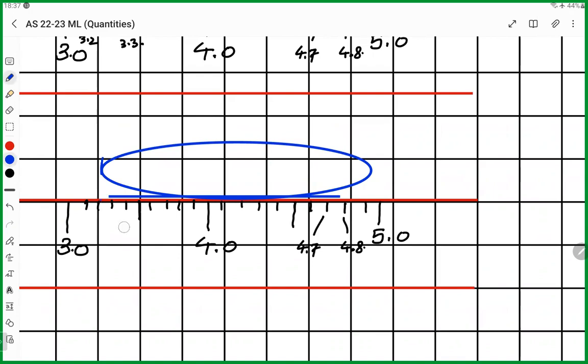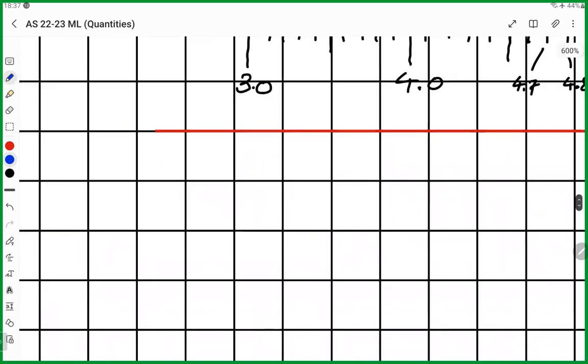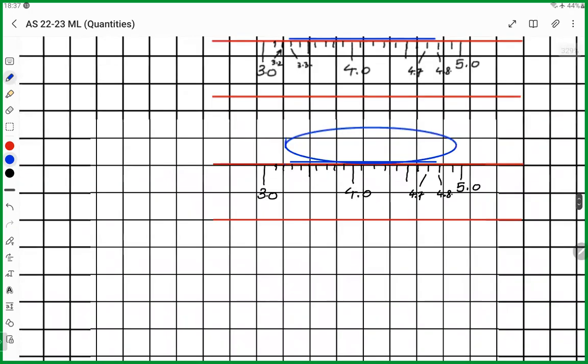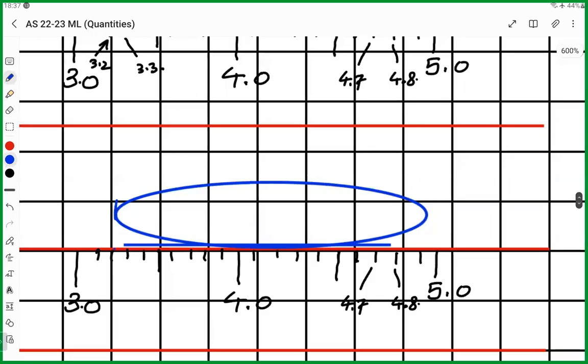Now, the problem will be that when you look at the reading, the edge is here and the reading is here. There's a difference. So with the placement of your eye, for example, if your eye is here, you might look at this reading.